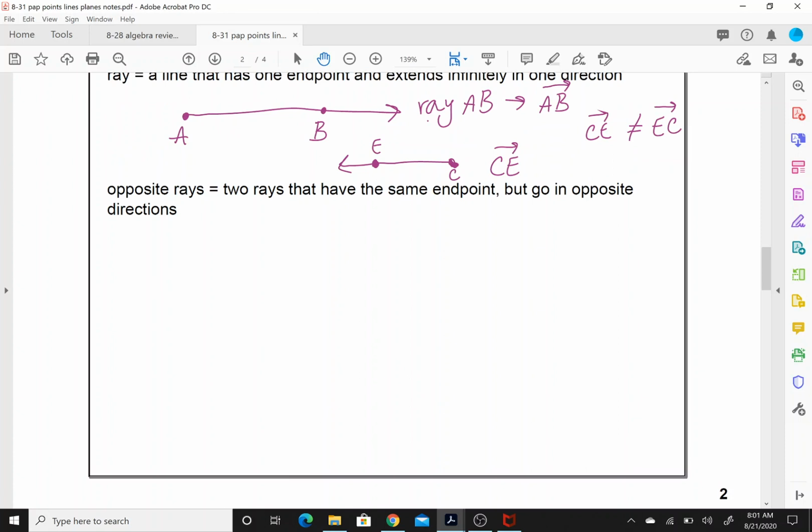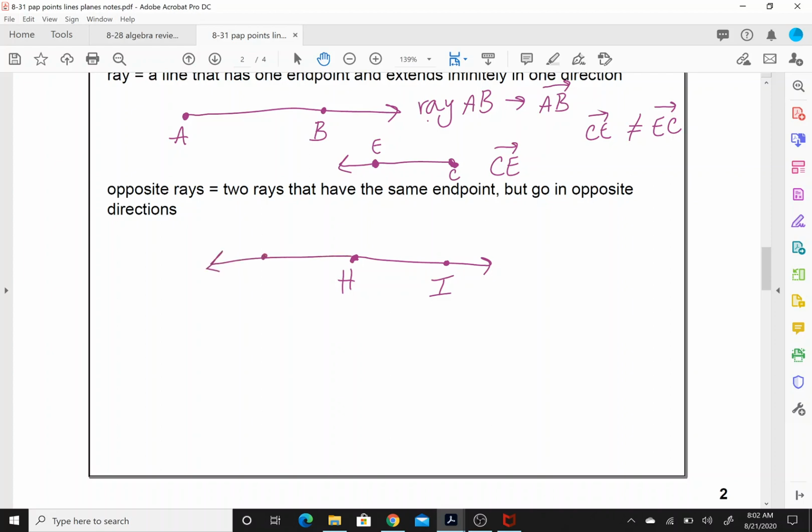Opposite rays. There are two rays that have the same endpoint but go in opposite directions. Okay, so let's start here. We'll just draw a ray. Ray HI. Now it says two rays that have the same endpoint but go in opposite directions. So for this ray, what is my endpoint? H. So my opposite ray has to start at H, but it's going to go the other way.